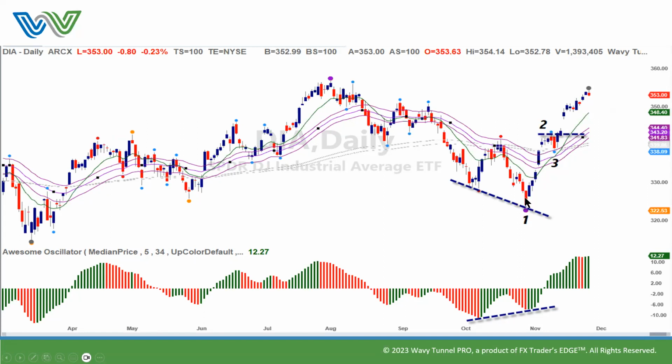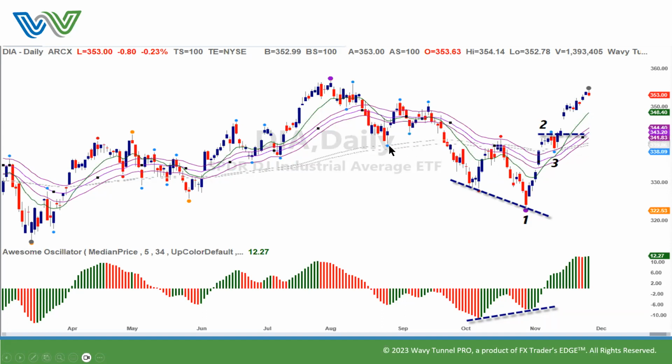Okay. So the question that I'm being asked is whether the curve passing that 0.2 is the 200-day moving average. I don't use the 200-day moving average on the wavy tunnel setup. Truth be told, when I first started trading in the 80s for JP Morgan, we did use the 200-day moving average and the 100 and the 50 and the 20, but I have since evolved to Fibonacci averages because I'm an Elliott wave person.